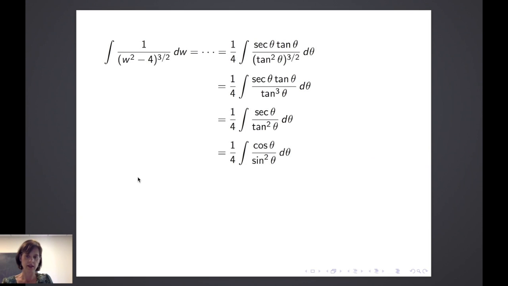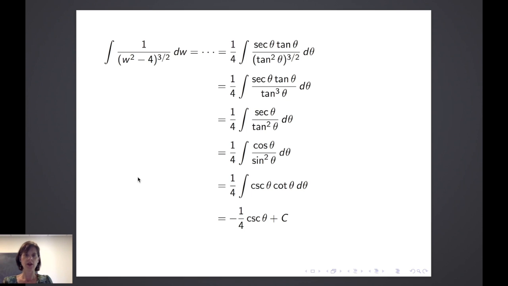Which I can see that that integral is then the same thing as 1/4 times the integral of cosecant of theta, cotangent of theta, d theta. So if I recall my basic antiderivatives, what's a function whose derivative is cosecant theta, cotangent theta? I recall that that's just simply going to be negative cosecant of theta. So I multiply that times 1/4 and add my constant.